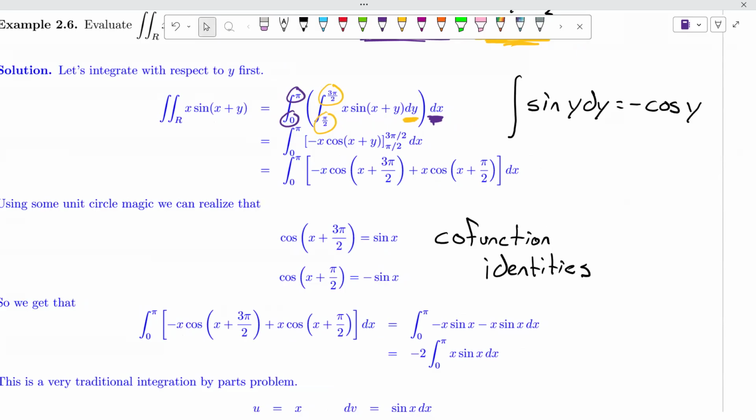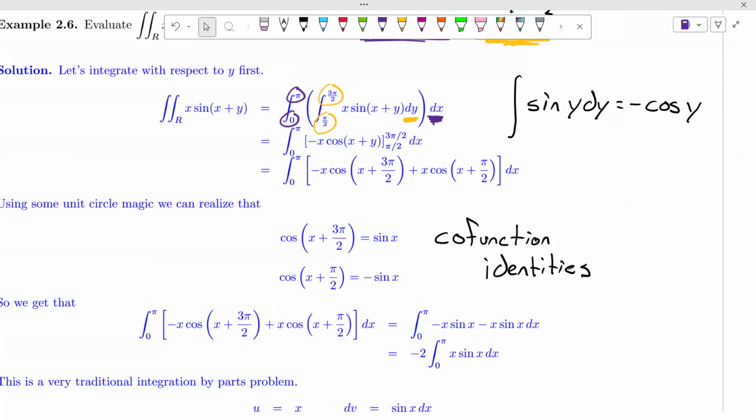all 6 of the trig functions get paired to a cofunction, and it's pretty easy to remember which one is which, because the function and cofunction usually go something like sine and cosine, right? So the cofunction of sine is cosine. Similarly, the cofunction of tangent is cotangent.